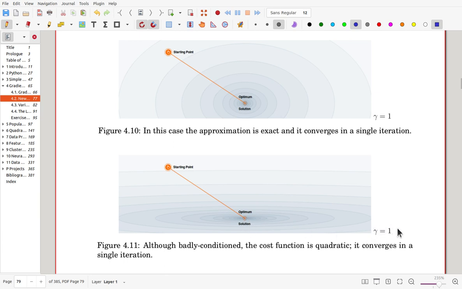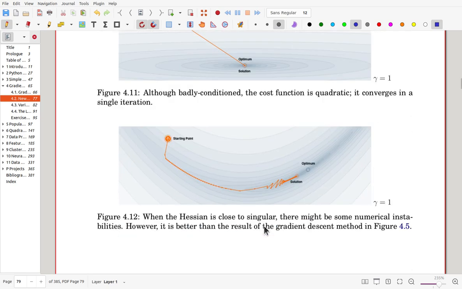Of course, here again gamma must be 1. Finally, there's a non-convex function, and here we have a bit of a stability issue because of oscillation. However, this performance is better than that of the gradient descent method. So once it is applicable, it's better.